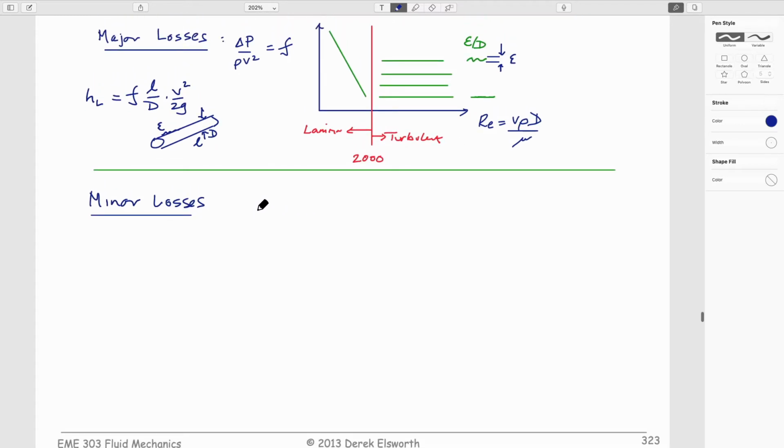And so for minor losses, they're referring to flow typically in fittings and bends. And again, it would be a flow velocity in that fitting. And typically, it's equal to a loss coefficient, K sub L, times the velocity in the fitting, divided by 2g.